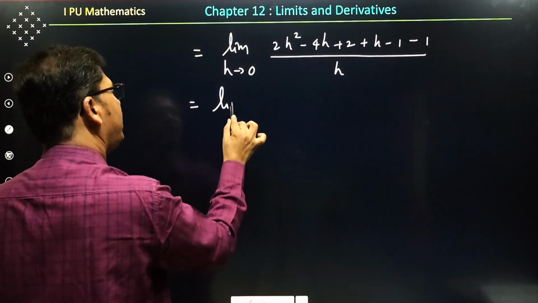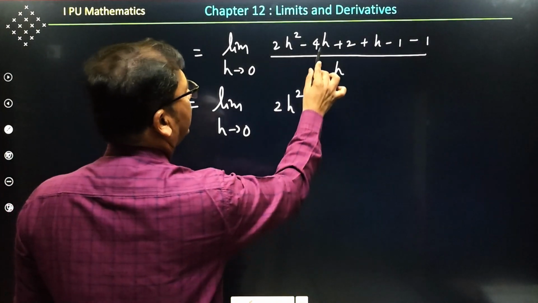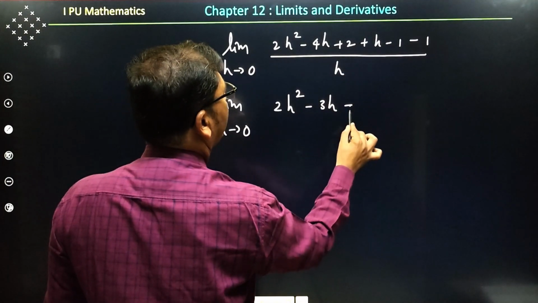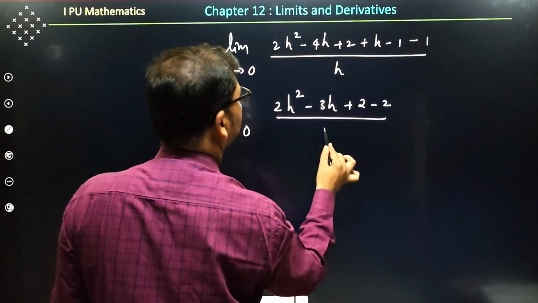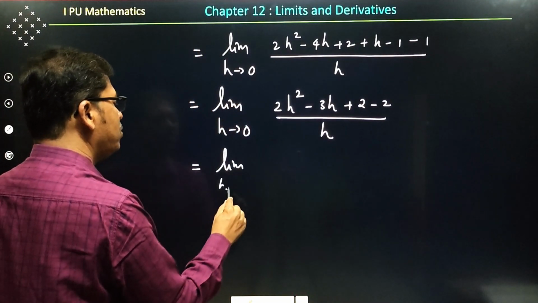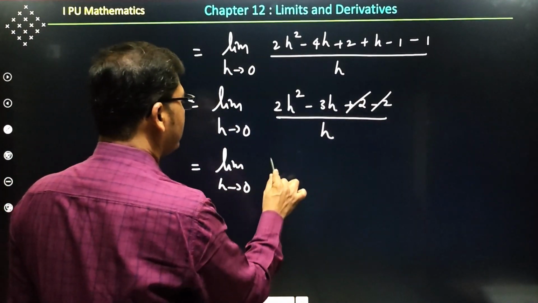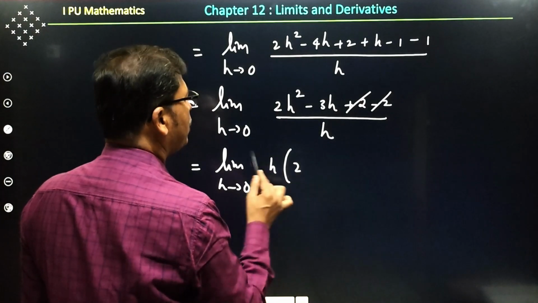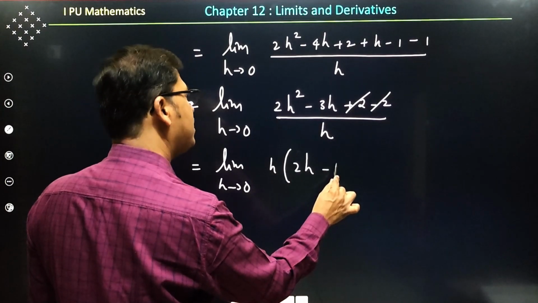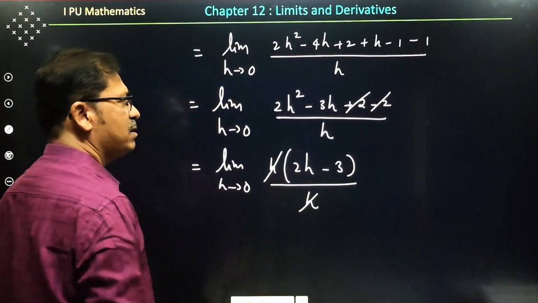Simplify this. This is limit h tends to 0, 2h square minus 4h plus h, this leads to minus 3h, plus 2 and then minus 2, whole divided by h. Plus 2 minus 2 cancels. This is limit h tends to 0, eliminate plus 2 and minus 2, take h common from the numerator. If you take h common, 2h remains, one of the h is taken, h remains, minus 3h, h is taken, 3 only, whole divided by h. Now h and h cancel.